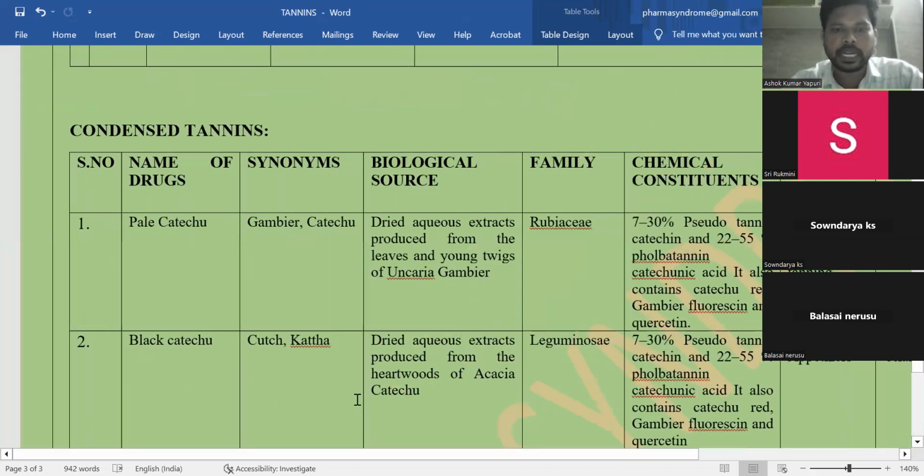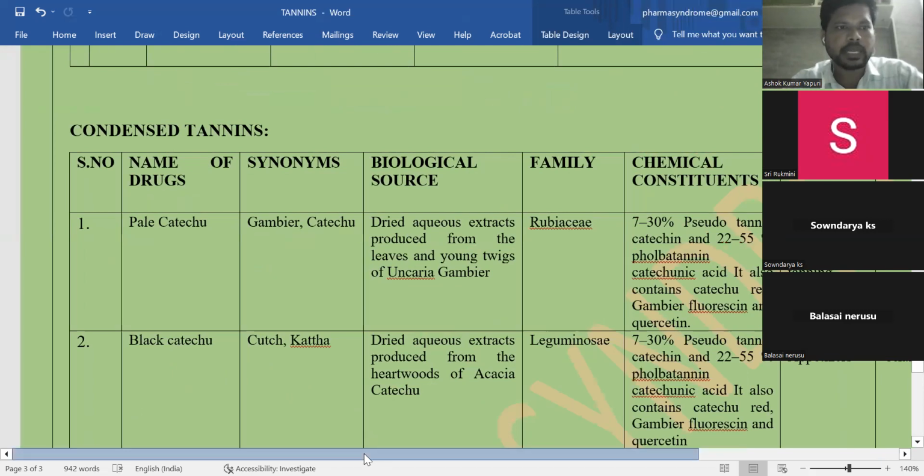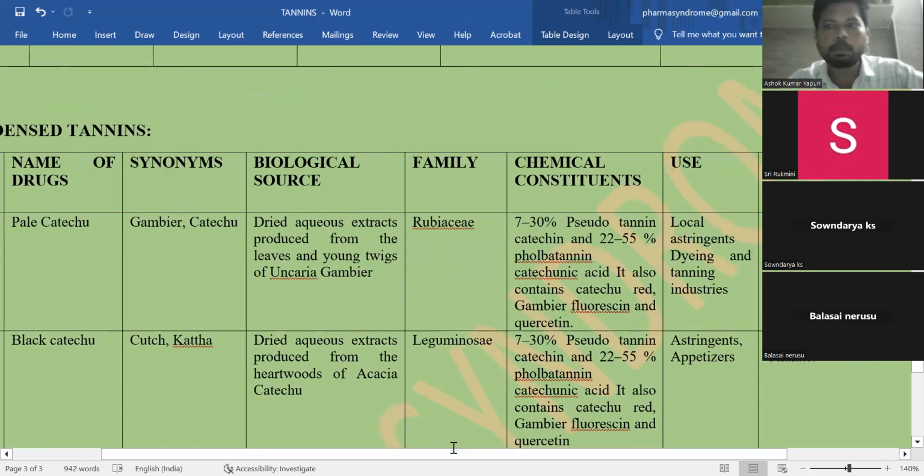tannins, especially condensed tannins. Regarding condensed tannins, the first one is pale catechu. Regarding pale catechu in pharmacognosy, the synonym is Gambier, also known as catechu.